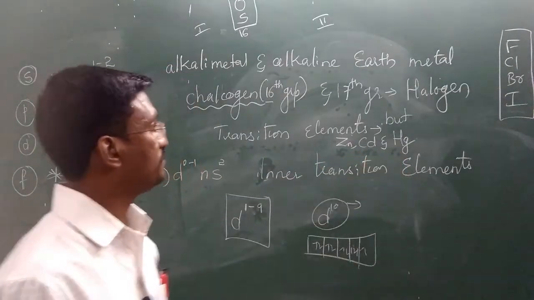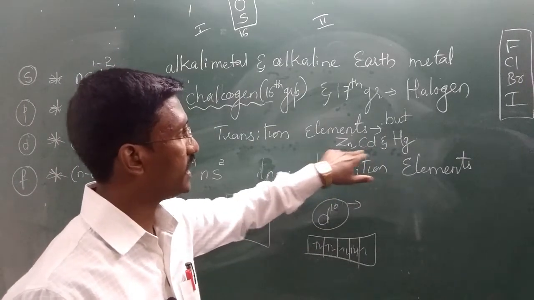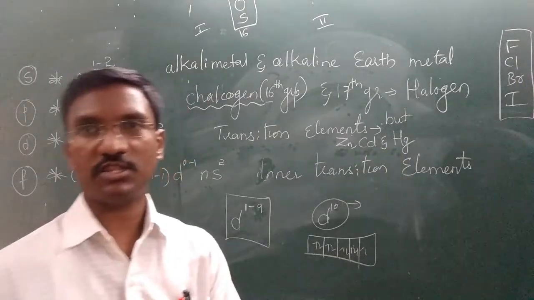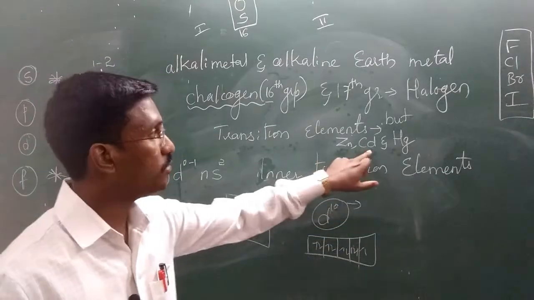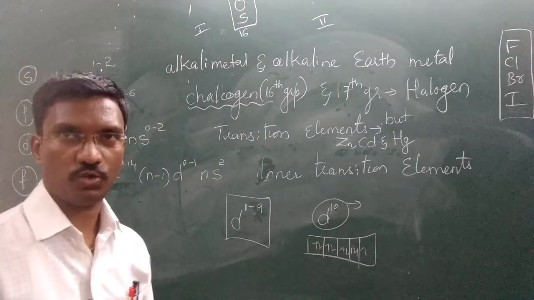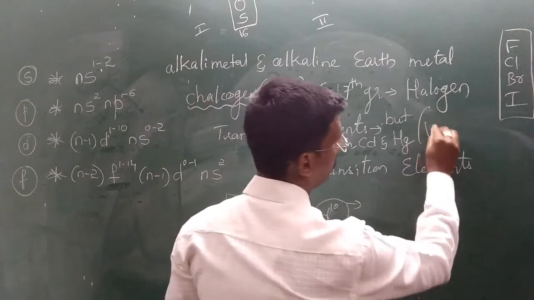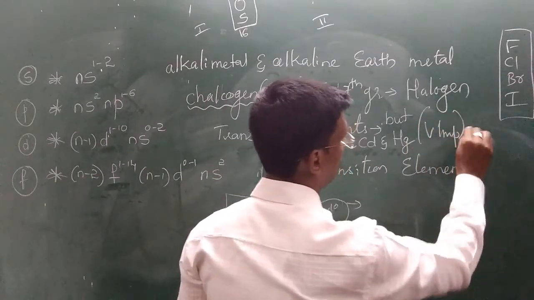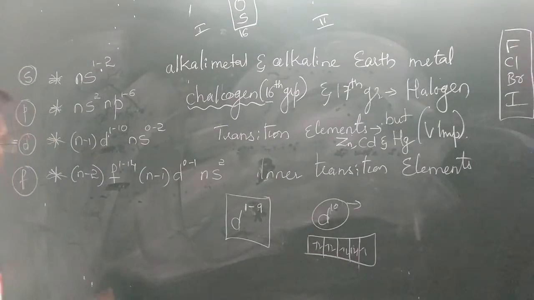So the d block elements cadmium, zinc and mercury are not considered transition elements. Give reason, they will ask you. So be ready to give the answer for such questions. Are you getting? According to me, this is very important from your examination point of view. Next one.